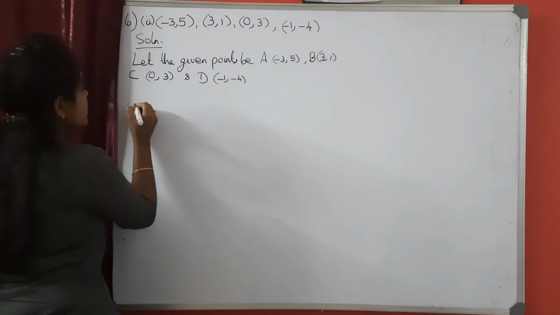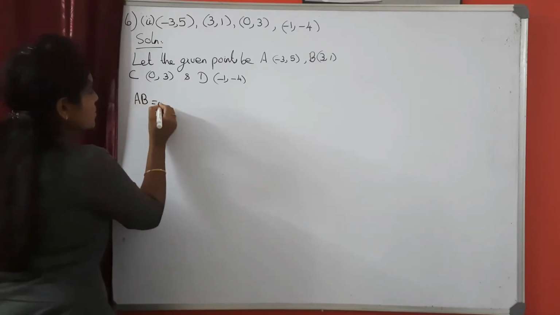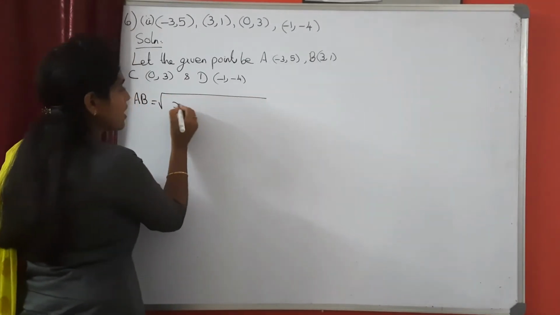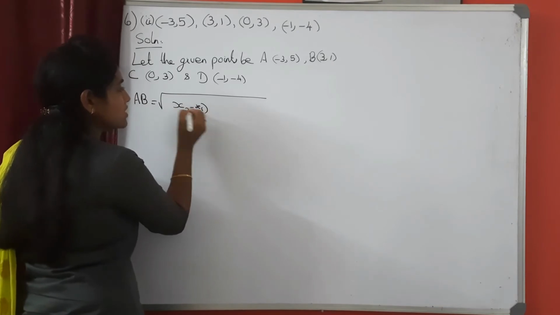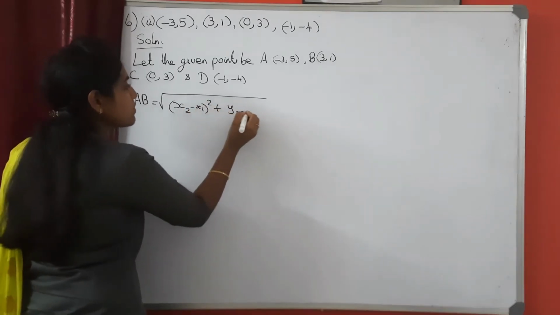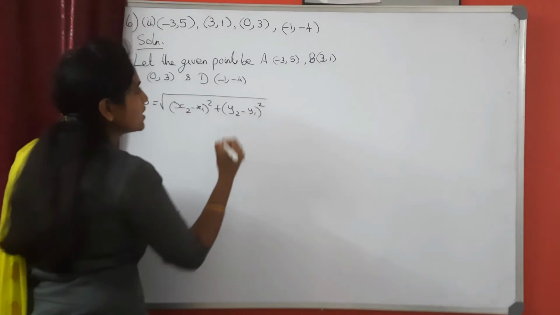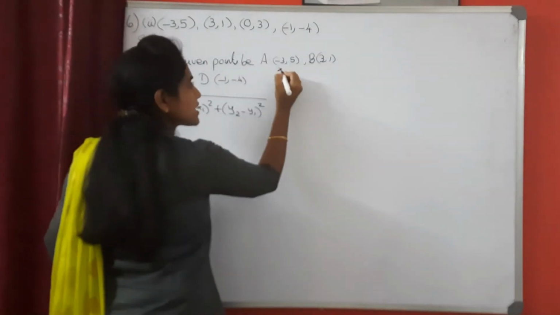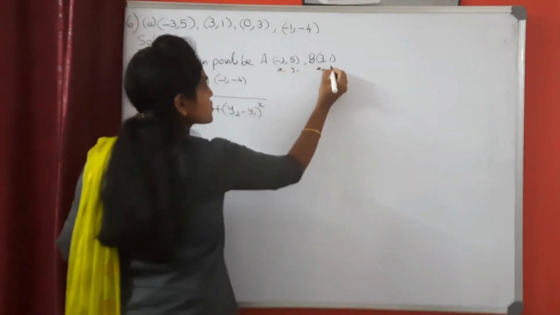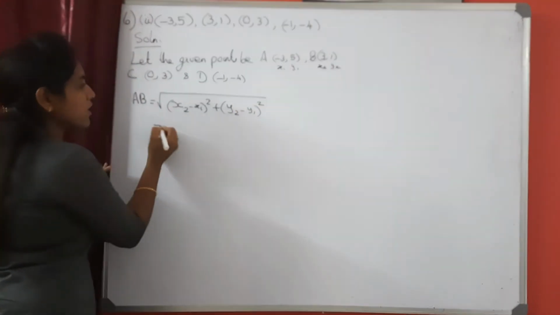So first, AB equals, using the distance formula. What is the formula? Root of (x2 minus x1) whole square plus (y2 minus y1) whole square. Here, this is x1, y1 and here x2, y2. Apply the values in the formula.